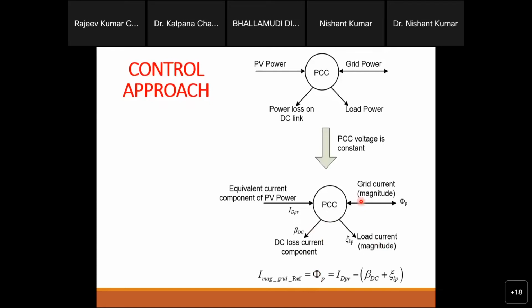What amount of power is going to come from the PV, we will not feed directly into the grid, right? Definitely we have some loads, and our objective is, first of all, to fulfill the load demands, here the local load demands. But the load is not linear. So here the load may sometimes demand some nonlinear power. Some nonlinear power demand will come from the load.